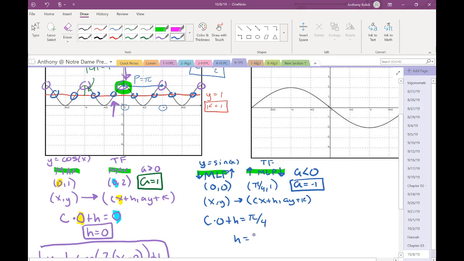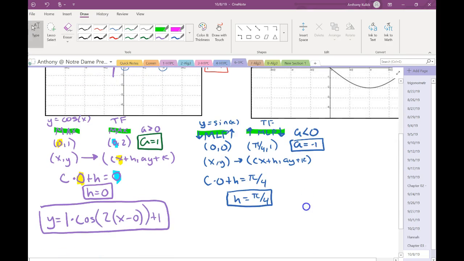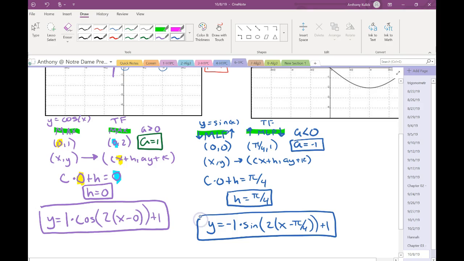C times 0 is 0. 0 plus H is H. So that gives me just that H is pi over 4. So now I have everything I need to write my sine function.